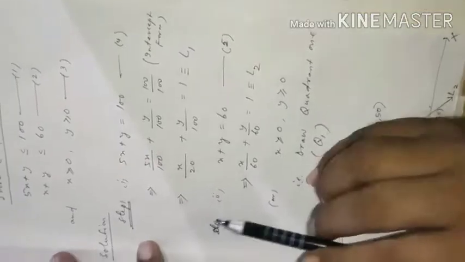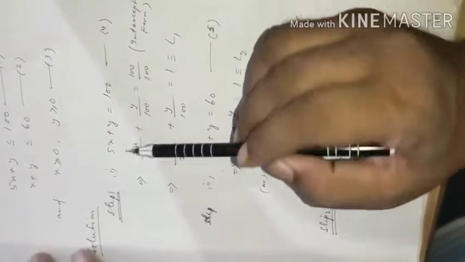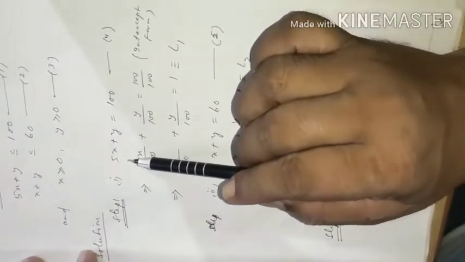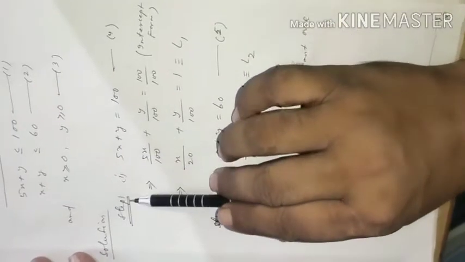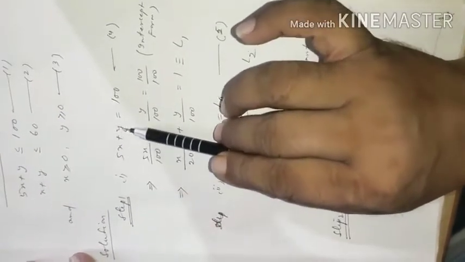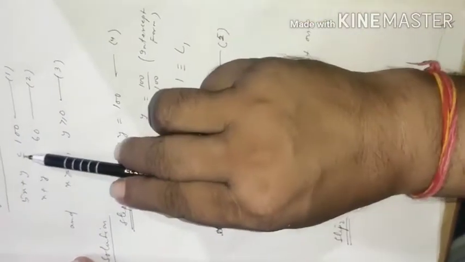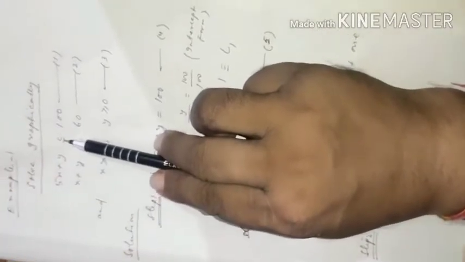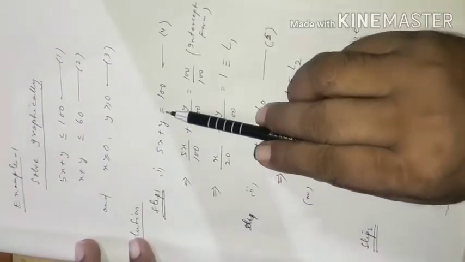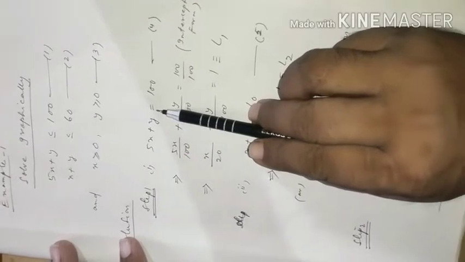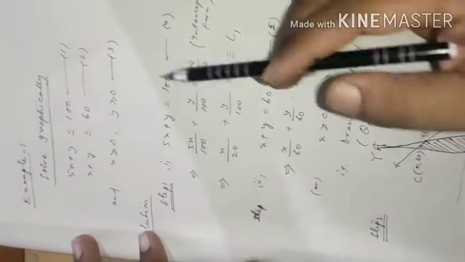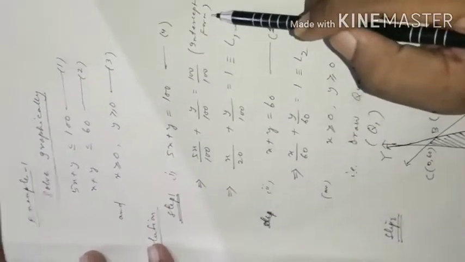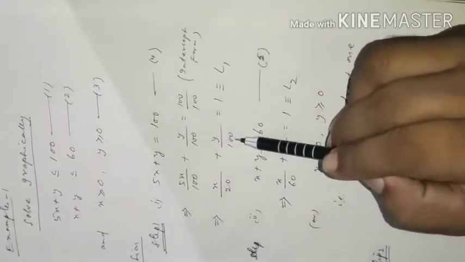In step 1, we take 5x + y = 100. Whatever may be given, less than or equal to or greater than or equal to, you have to take it as equals to, and then form the intercept form: x/20 + y/100 = 1.